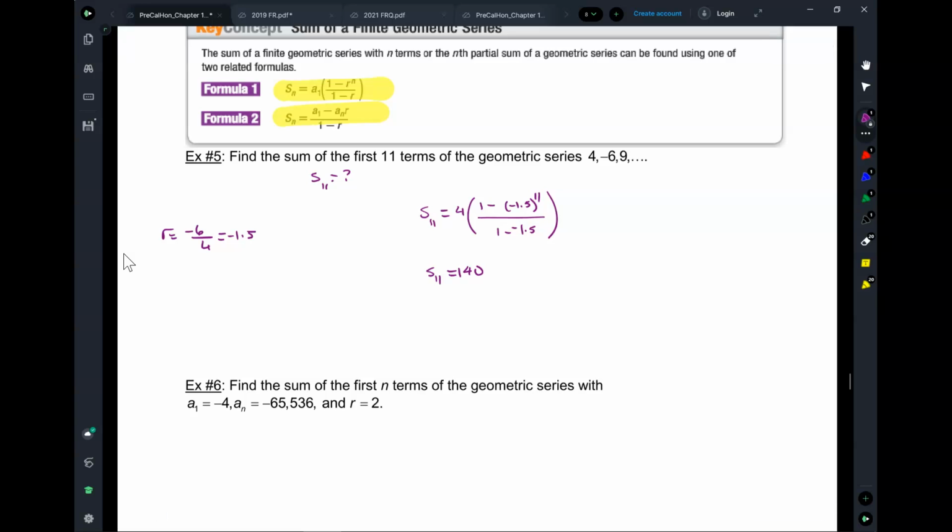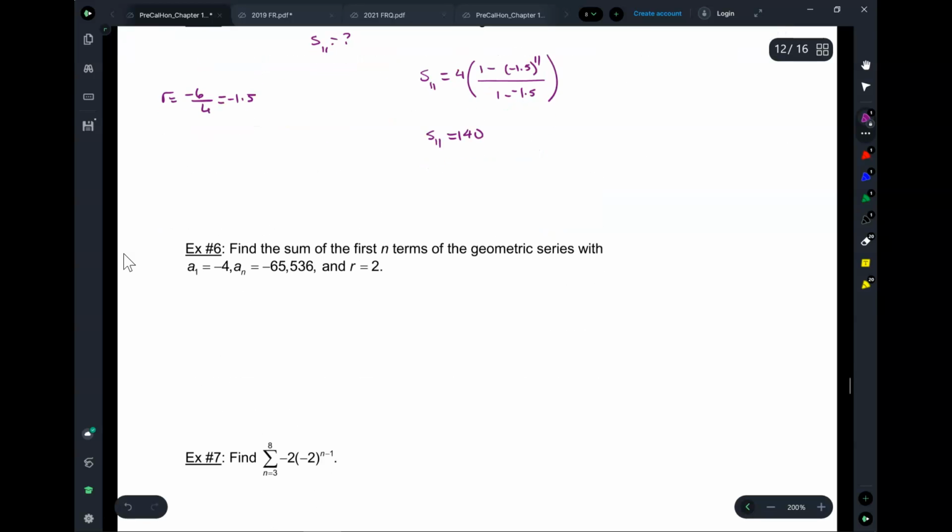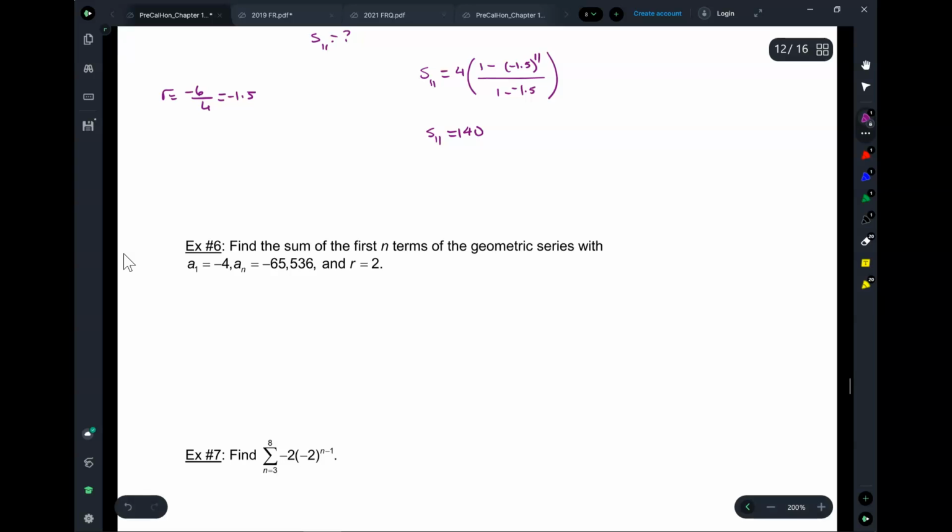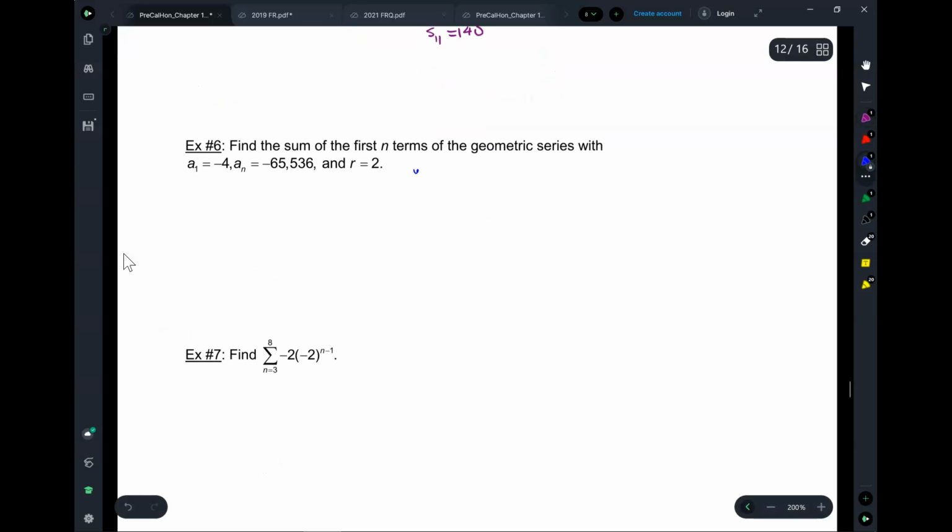All right. Take a look at the next one. Which formula do you think we can use for the next one? The second one. So go ahead and use the second one, and let's see what you get for it.